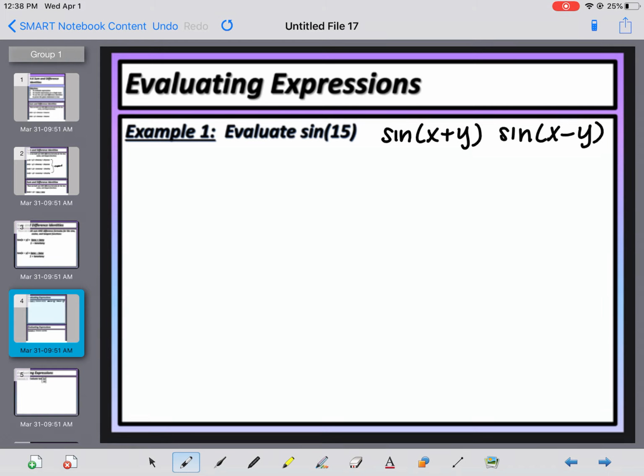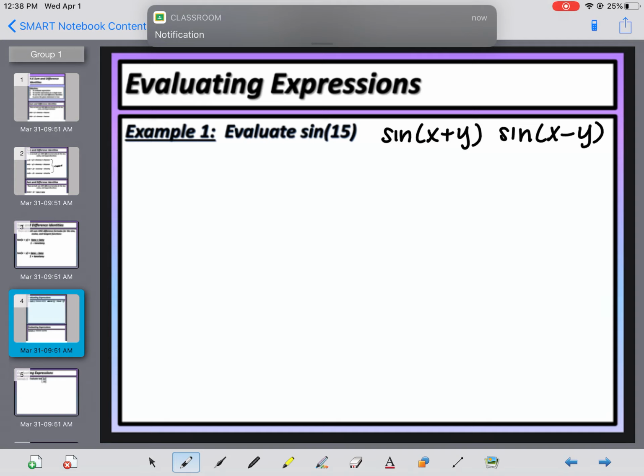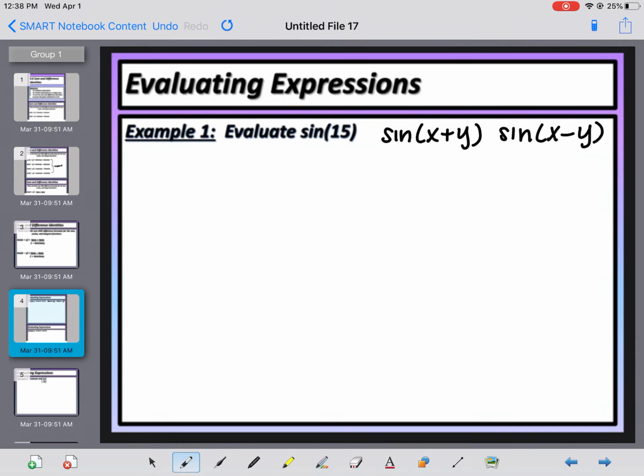The only catch is that we have to use 30, 60, 90 or 45, 45, 90 triangles because those are the only ones that we know the values of. Any coterminal of those special right triangles can be used.